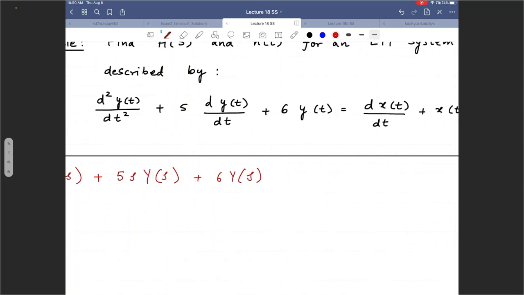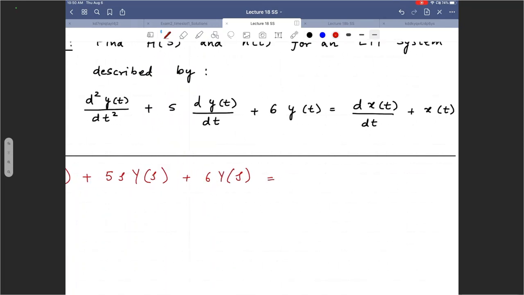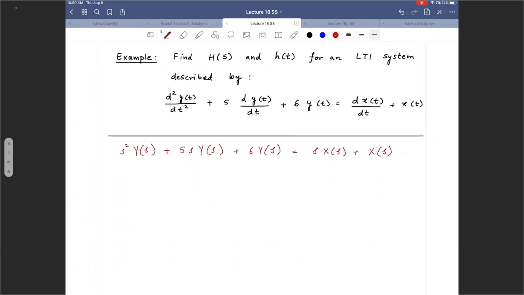And on the right side, what do we have? s X of s plus X of s. So that's taking the Laplace transform on both sides.